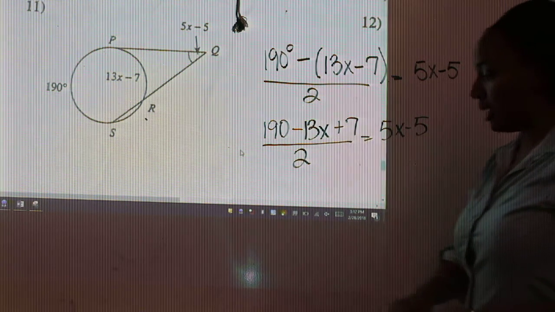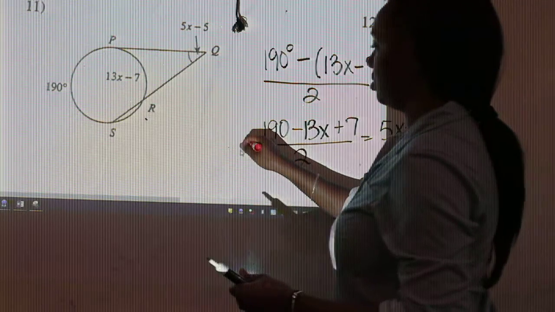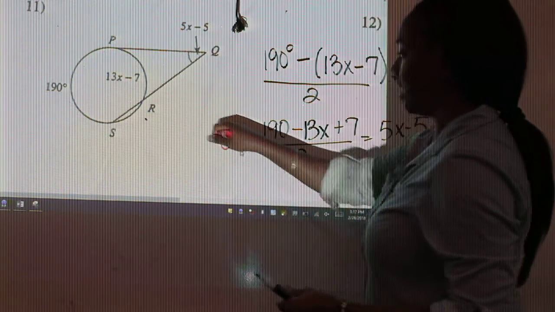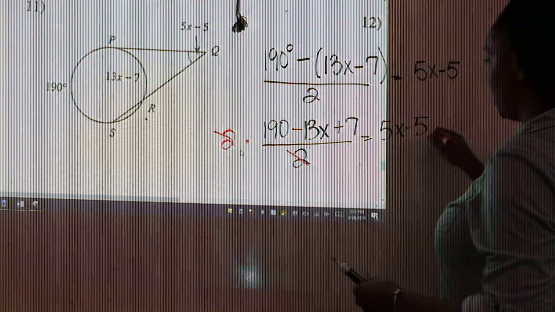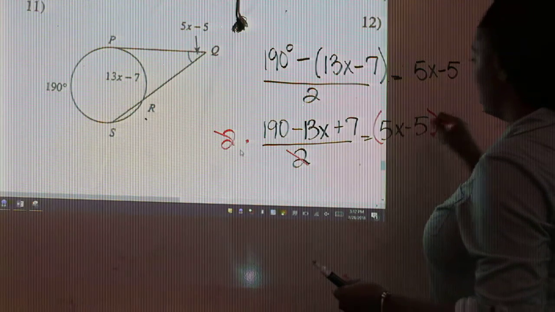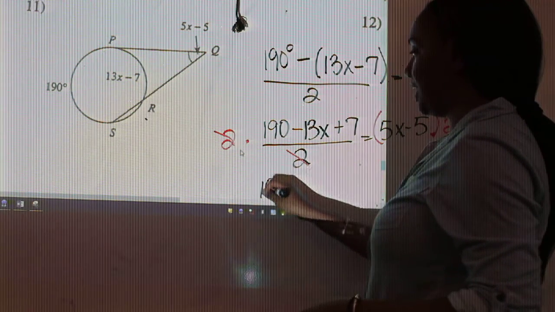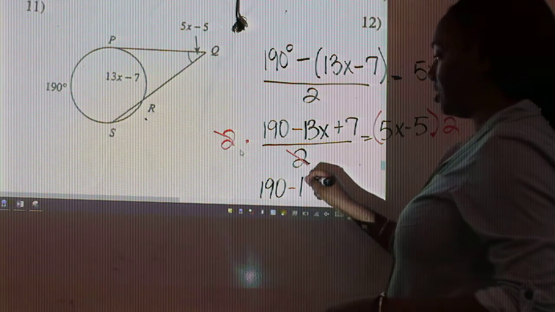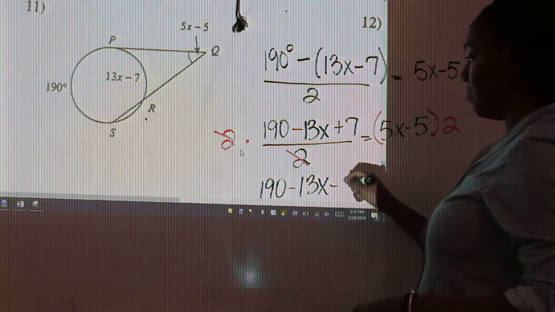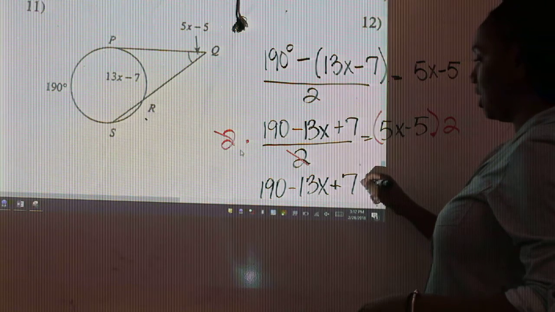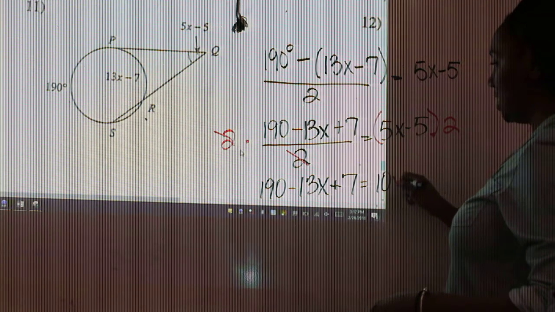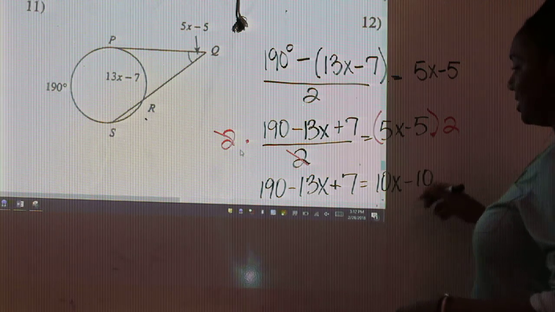I'm going to multiply both sides by 2 so that they cancel over here. What I do to one side, I have to also do to the other. This becomes 190 minus 13x plus 7 equals 10x minus 10.